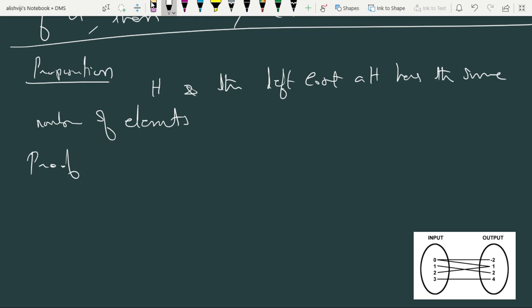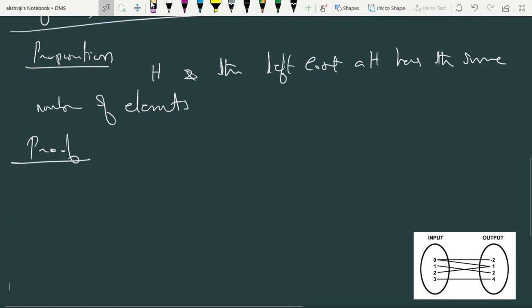So H and any left coset of H have the same number of elements.